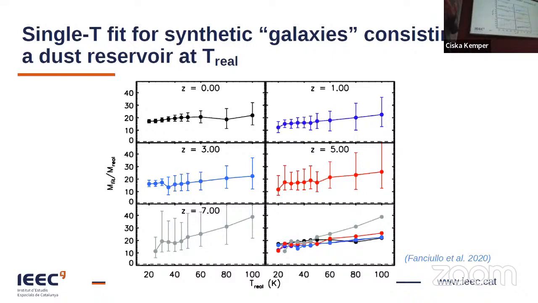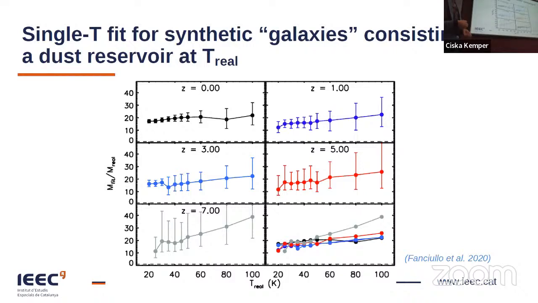Then we extracted synthetic photometry at some commonly used photometric bands, and we fitted that synthetic photometry using the commonly used methods in order to derive a dust mass and a temperature as well. So we have a fitted dust mass over a real dust mass, the dust mass that we put in. And here is the temperature of the real dust mass. So we did this for different temperatures.